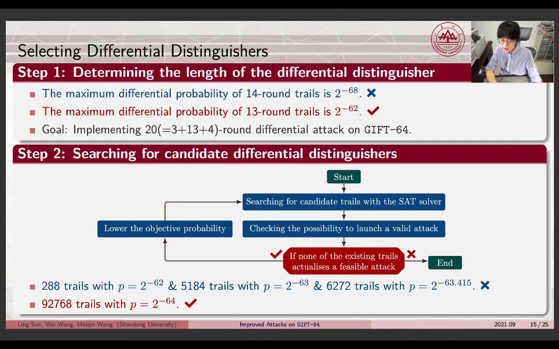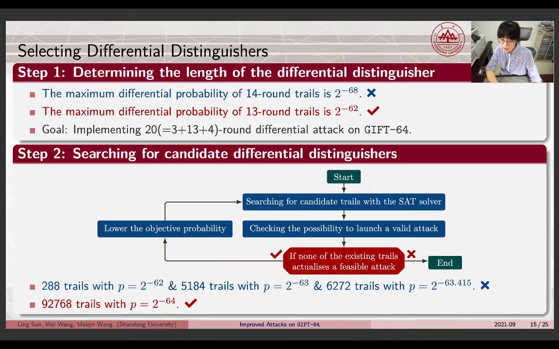In the test, we found 288 trios with probability being 2^-62, 5,184 trios with probability being 2^-63, and 6,272 trios with probability being 2^-63.415.